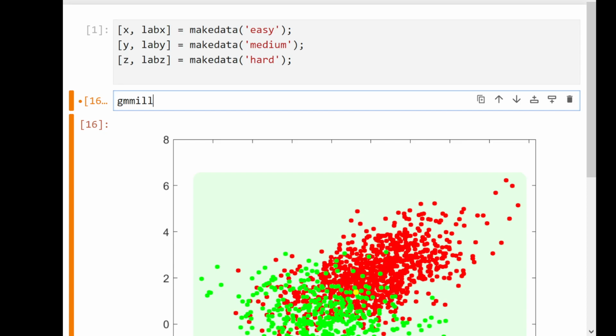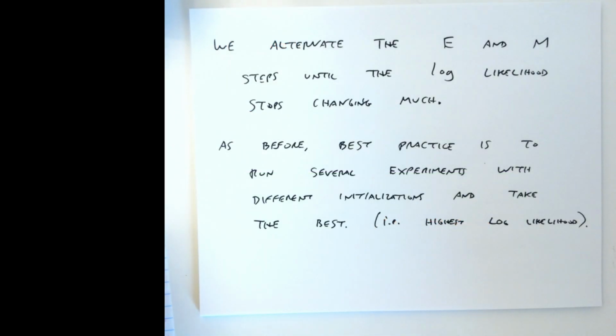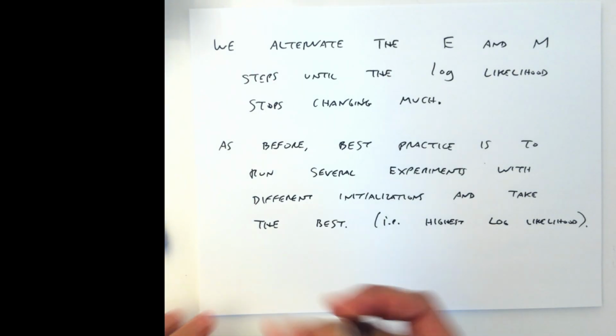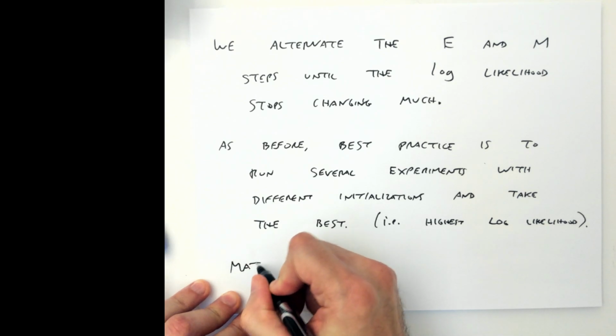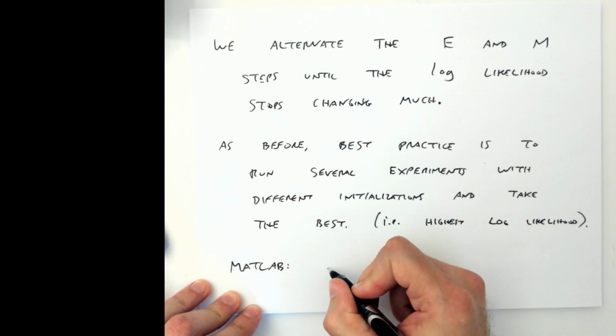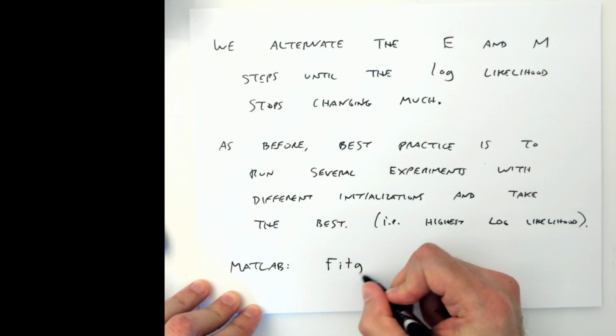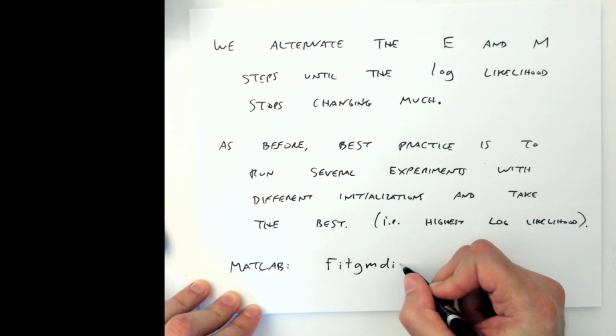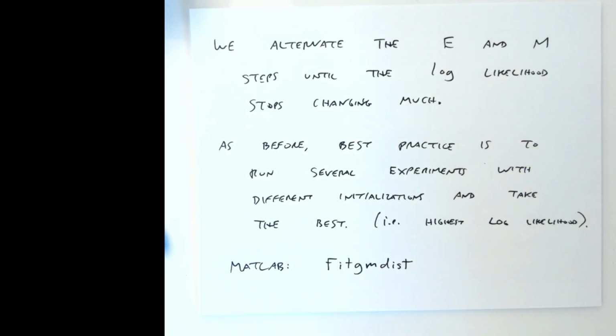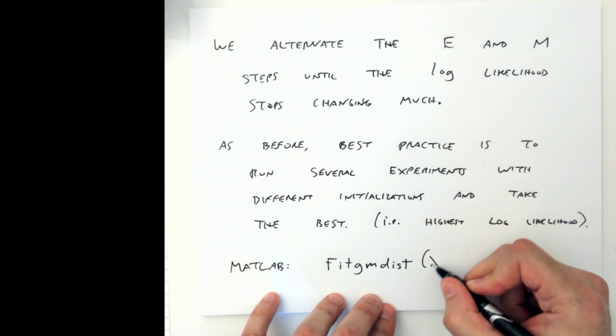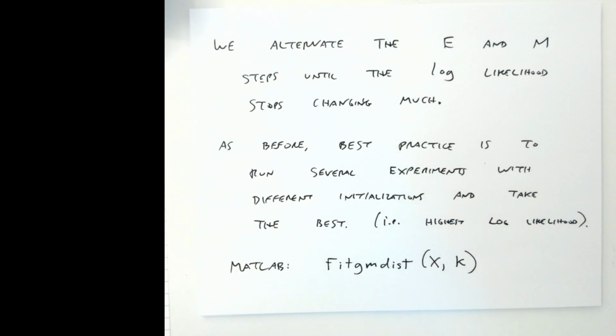The workhorse in MATLAB for this process is called fitgmdist, fit Gaussian mixture distribution, where you specify the data and the number of Gaussians, and it goes off and runs this EM algorithm on its own.